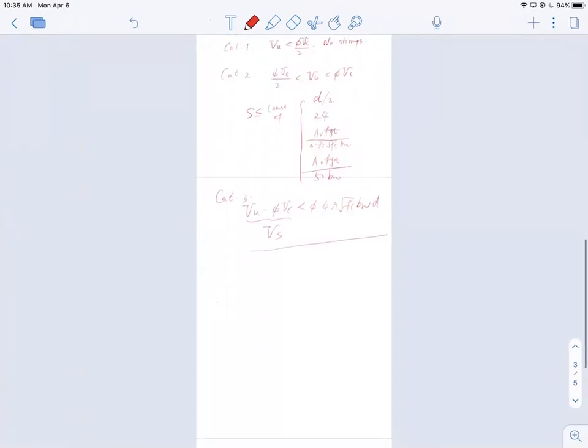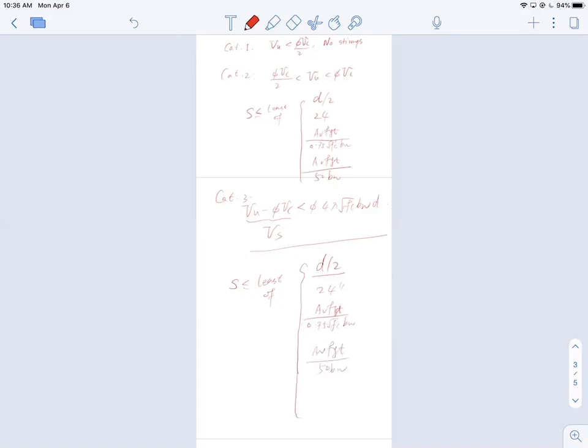For category 3, S equals the least of D over 2, 24 inches, AVFYT over 0.75 square root of F prime C BW, and AVFYT over 50 BW.